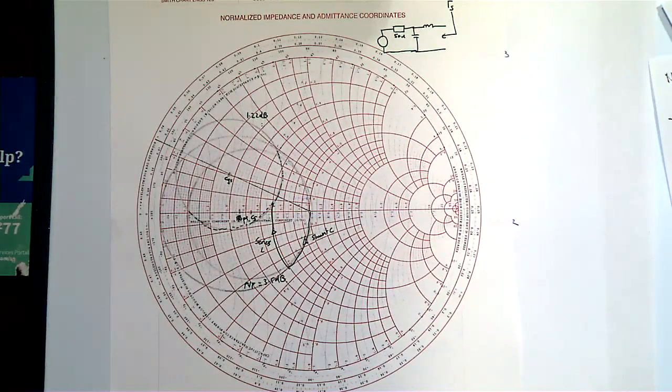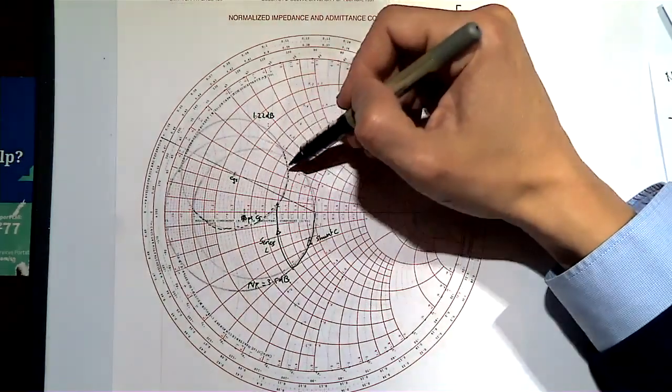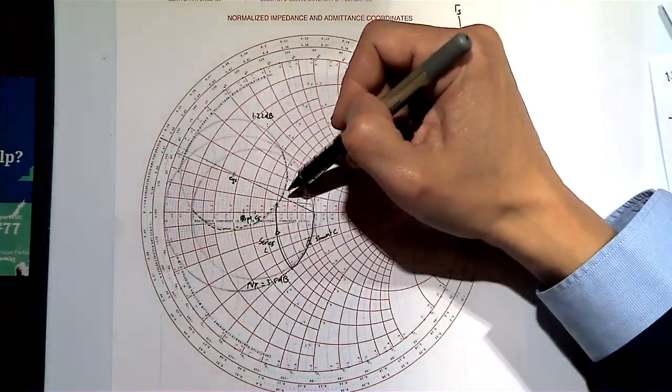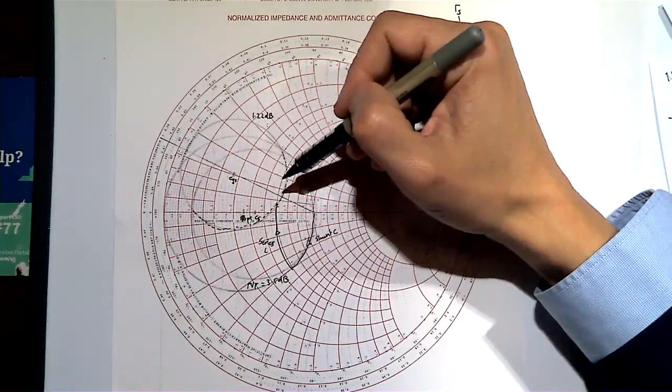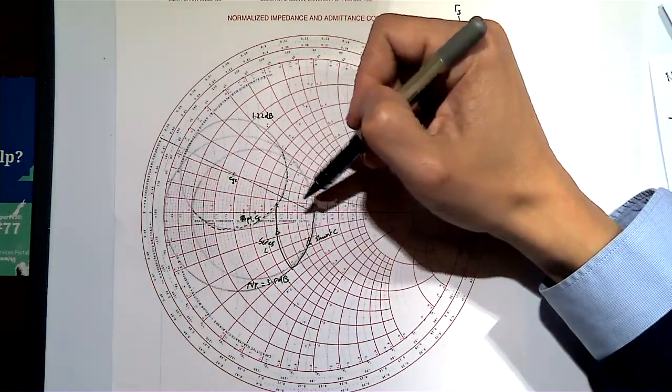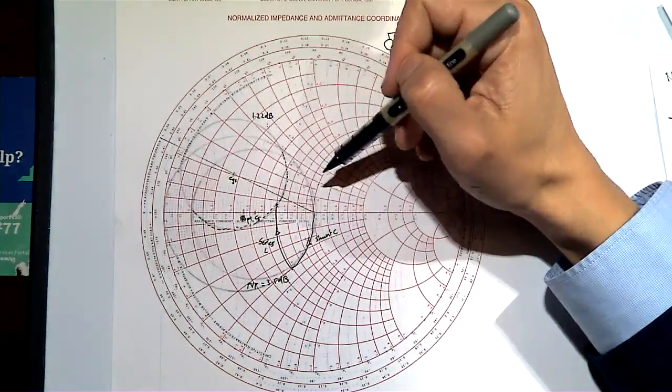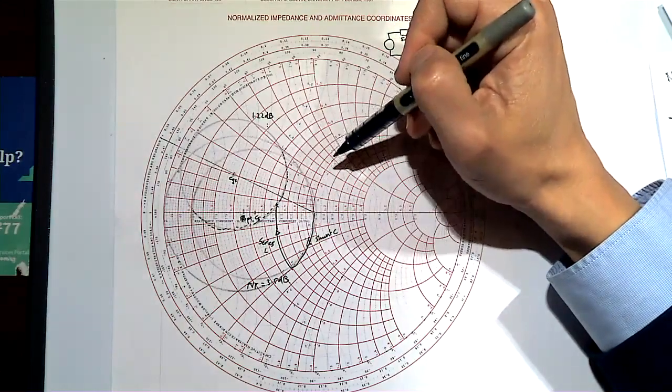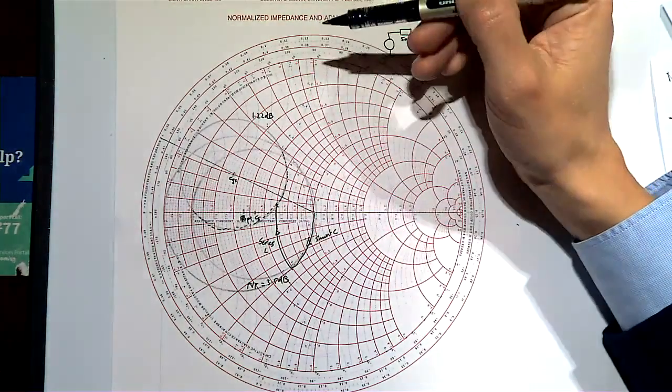So if you were in a test and you said, I'm going to choose this point or that point or anywhere here, yes, fine, you got the answer right. But what I would recommend, if you're doing your design, is that you also want the minimum voltage standing wave ratio.